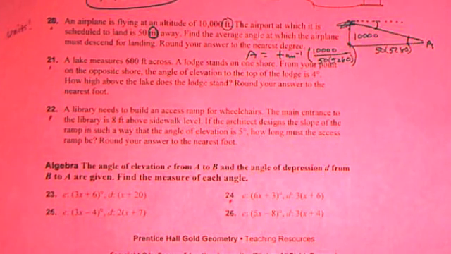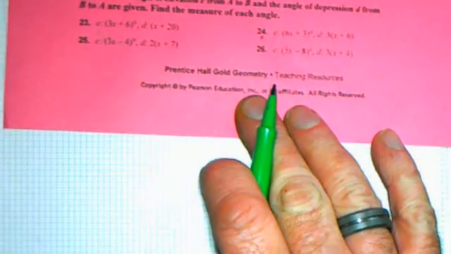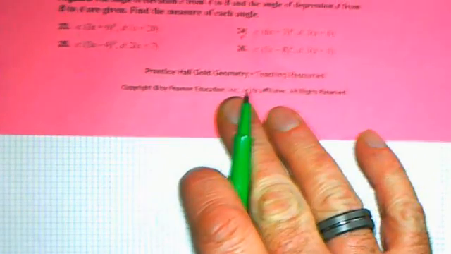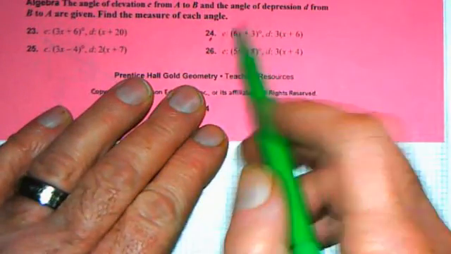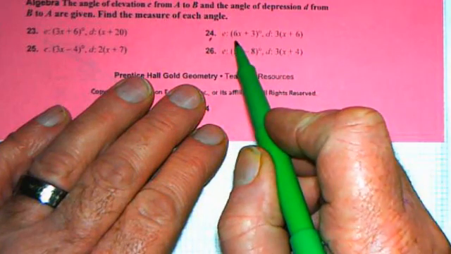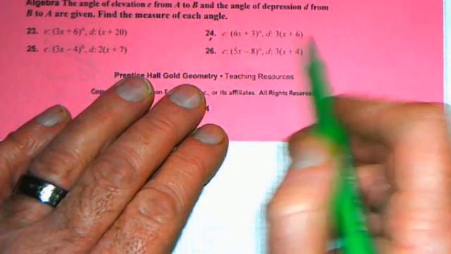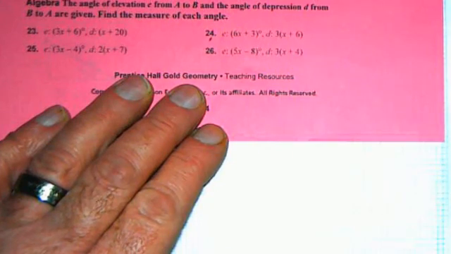Let me talk here about these on the bottom. We didn't have a chance to talk about these today. Let's talk about, say, number 24 here. So here they're telling us that the angle of elevation is given in terms of 6x plus 3, and an angle of depression is given in terms of 3 times the quantity x plus 6.